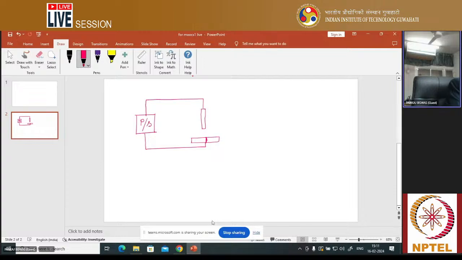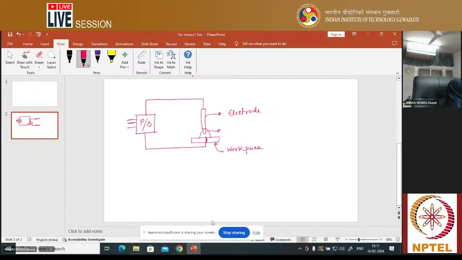So you see this power source is generally connected with domestic power supply, that is, generally we use three-phase power supply. Now this is called the electrode, and this is called your workpiece. In between this electrode and workpiece, the arc is generated.